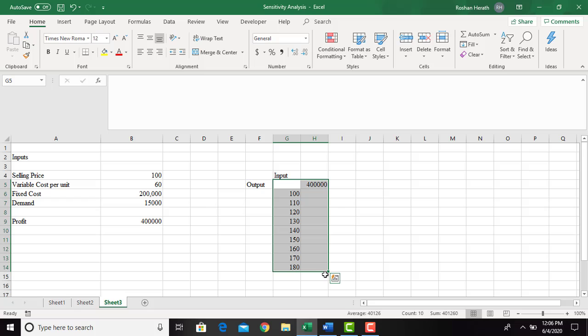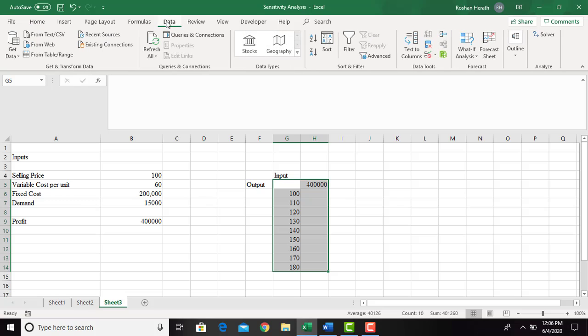Now the crucial part is over. Then you may go to the data. Then you have to go to the data tools section. There you go to the forecast section. In the forecast section, you would see something called what if analysis. Then you can simply left click on that. Then there's a drop down menu. In that, select the data table.